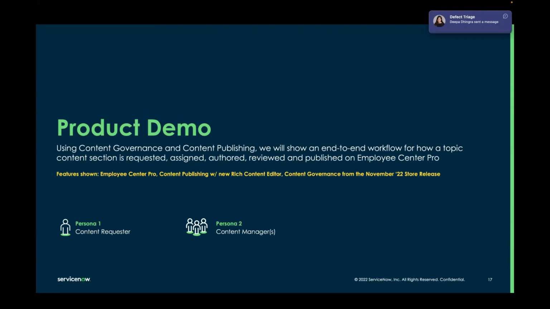We didn't get a chance to see campaign building with content experiences, but that is also a really powerful app, probably for another day. But what you just saw was the November release for rich content editor as part of content publishing, as well as basically our second version of content governance.